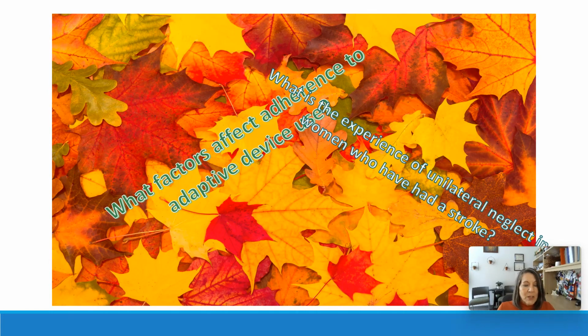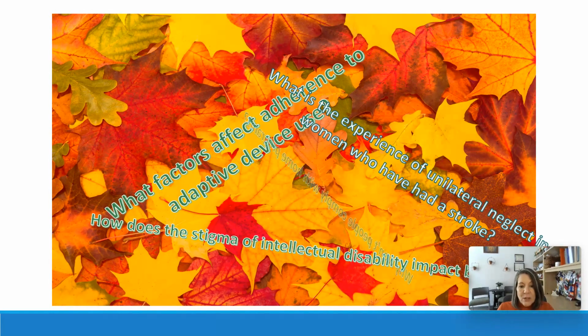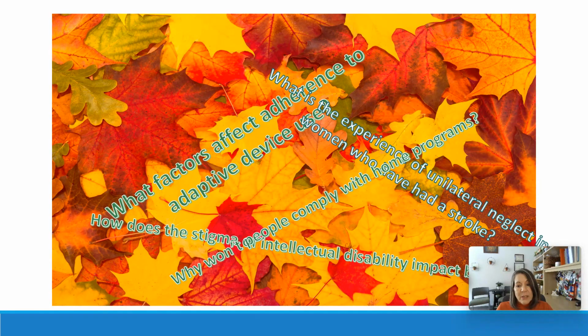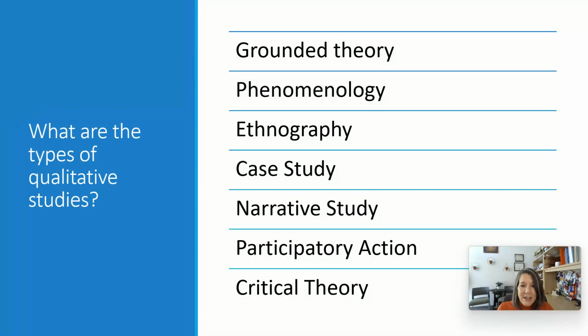So maybe not so much like the intervention piece, but let's get an insight and understanding so that we can be more client-centered with our interventions with our clients. Or things like, how does the stigma of intellectual disability impact behavior in that particular population? And then why won't people comply with home programs? What are some of the whys behind that?